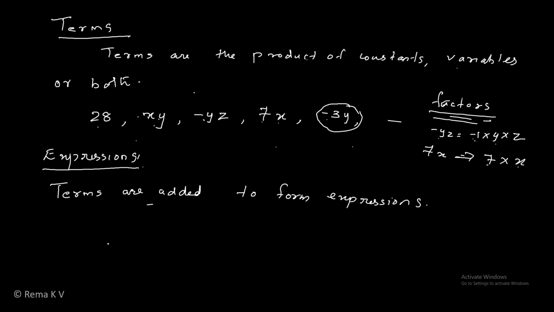Okay, now let us add these two here. 28 plus xy. This is an example for an expression. Minus yz plus 7x. Another expression. Then minus 3y. This is another expression. Can you give an example for an expression?